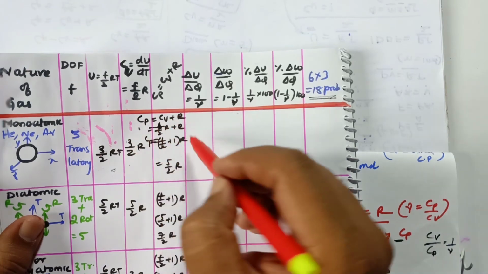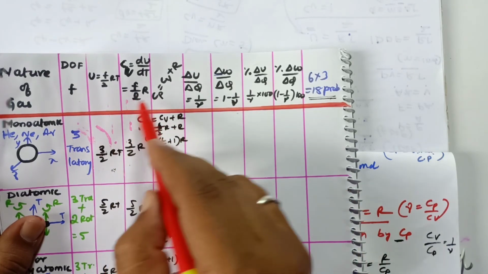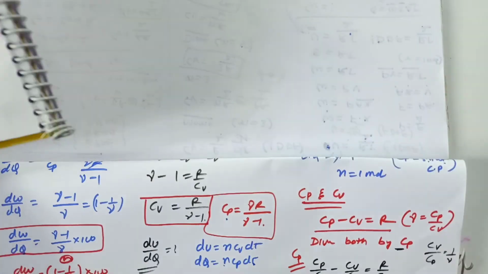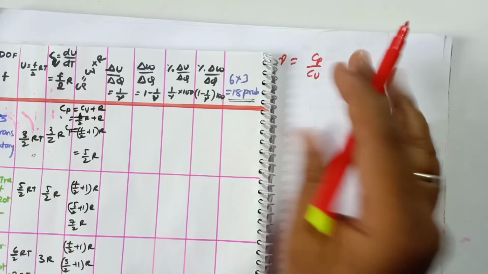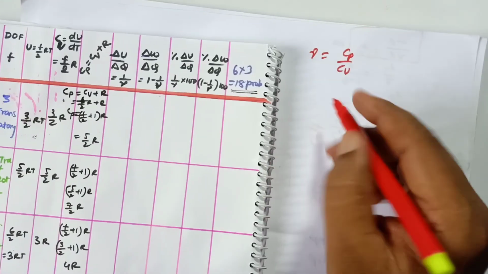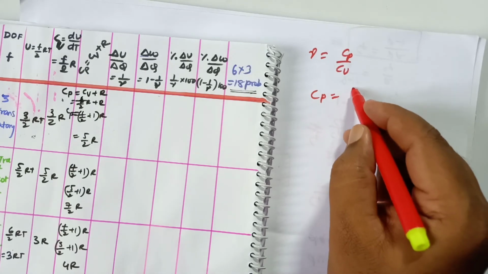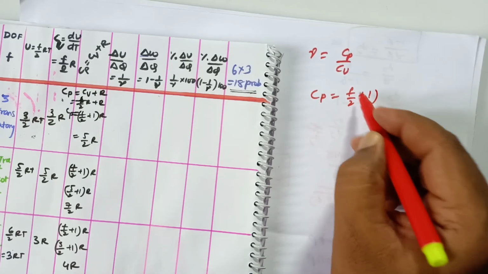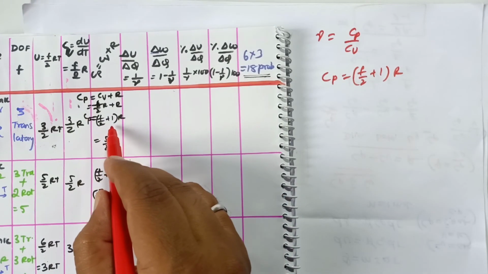If you observe kinetic theory of gases, you know the values of Cv and Cp. What are the values of Cp and Cv according to kinetic theory of gases here? Just now you got that Cp is equal to F by 2 plus 1 into R, as we have derived here.